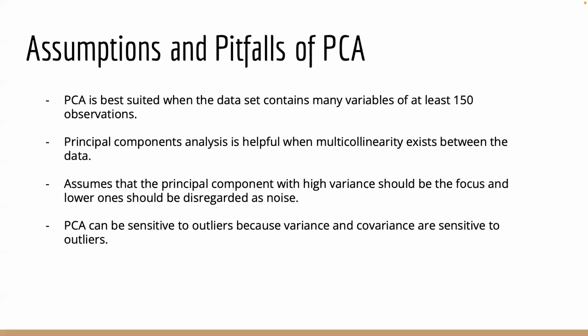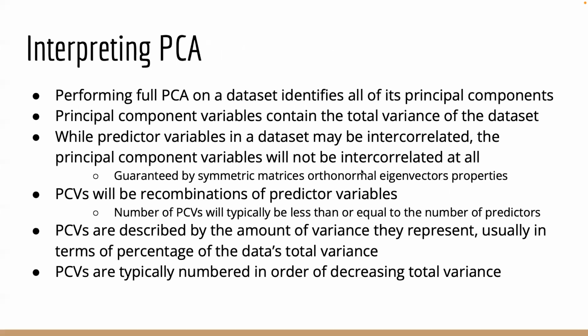Next, we have Ben. Performing full PCA on a dataset identifies all of its principal components. Principal component variables will contain the total variance of the dataset. While predictor variables in a dataset may be intercorrelated, the principal component variables will not be intercorrelated at all. This is guaranteed by symmetric matrices' orthonormal eigenvector properties.